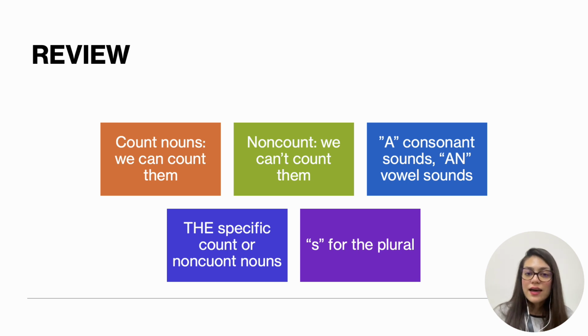The a, we're going to use it when the word starts with a consonant sound, and when the word starts with a vowel sound, we're going to choose an, okay? Then we are going to use the for specific count or non-count nouns, and in most of the words we can say that to make it plural we can just add the s at the end, okay?